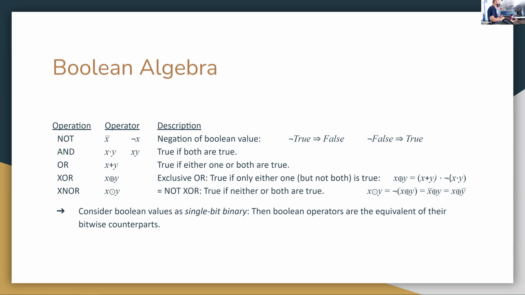OR is kind of inclusive, right? And XOR is this exclusive OR again. And then the XNOR is basically the NOT of XOR, exclusive OR. So you have these relationships between these different operations, right? So these are the basic Boolean operators.